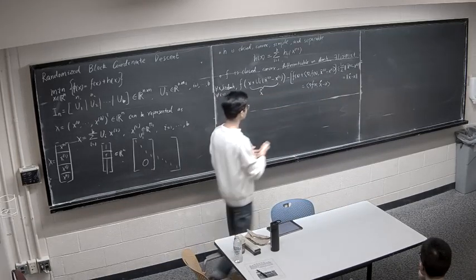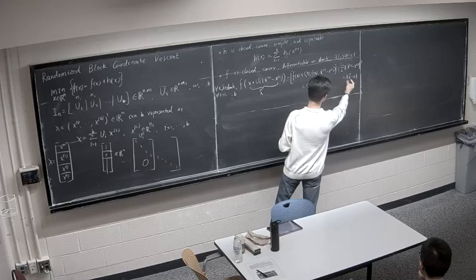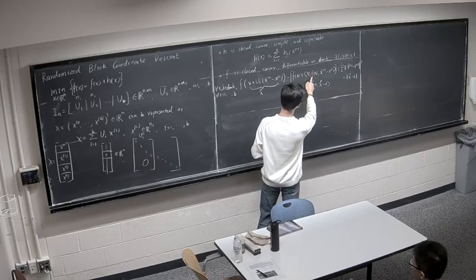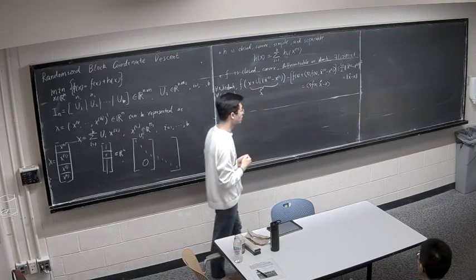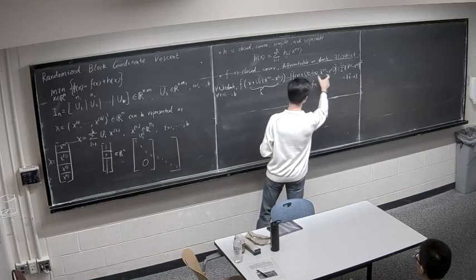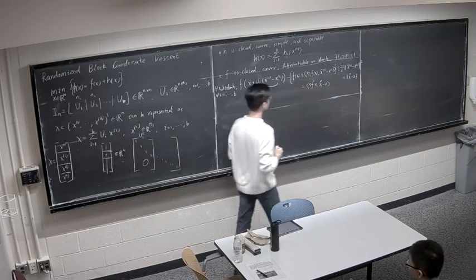Right, so all the updates are happening in the ith block. And here, the subscript i just means so first you take the gradient of f and then take the ith block. Okay, all these objects are in the space R^{n_i}.